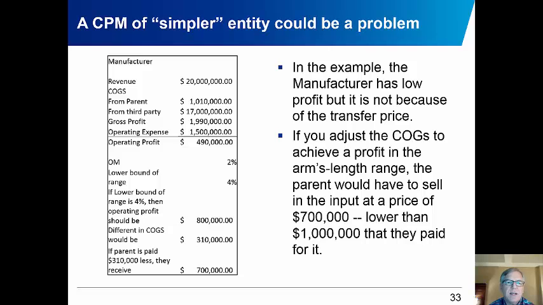The manufacturer is still not going to be earning enough profit to be in the range at that number. But this demonstrates that the lack of profitability is not related to the arm's length transfer price. The transfer price at $1 million is the lowest possible price it could be because that's what the parent paid third parties for it. Their lack of profitability is coming from some other problem, either low sales or other costs running out of control.